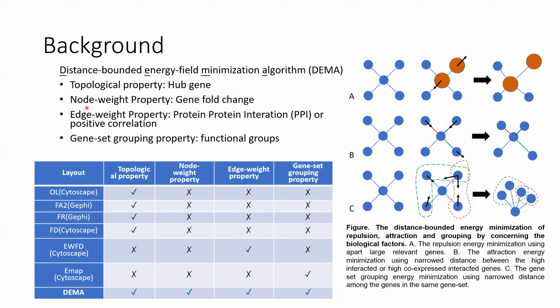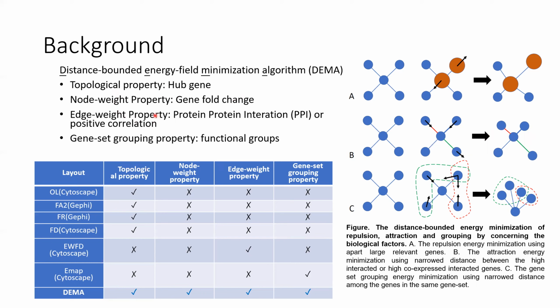Second, the node weight property. Two interacting genes will become close if they both have a high fold change, regarded as a positive association. Third, the edge weight property. If the interaction between two genes is strong, denoted by a thick edge, or there is a positive correlation between the two nodes, denoted by a red edge, then those two nodes will become closer.